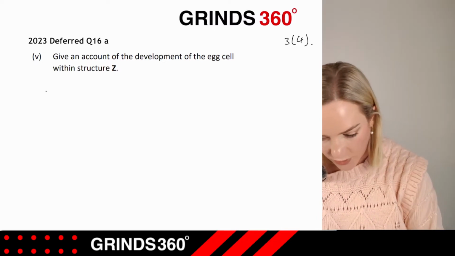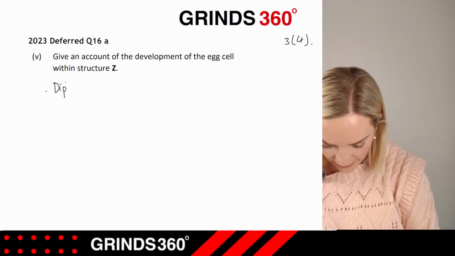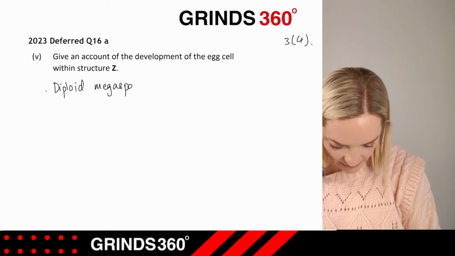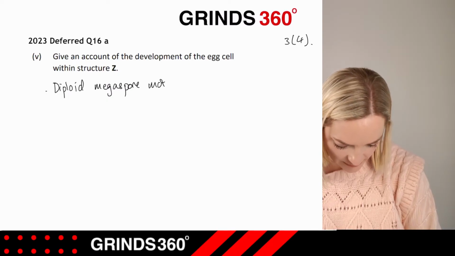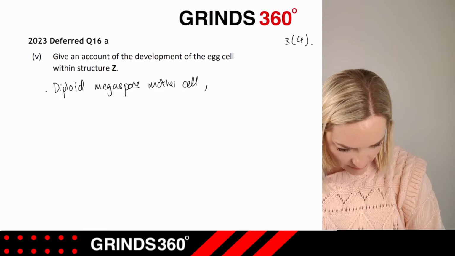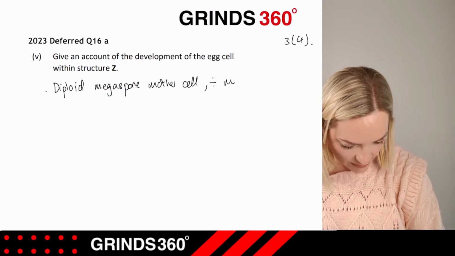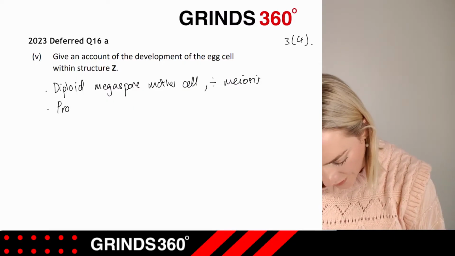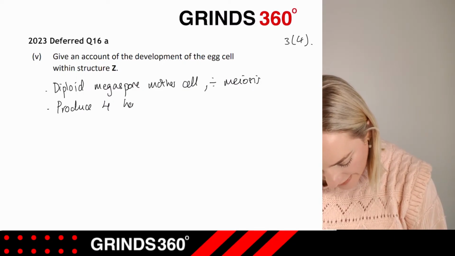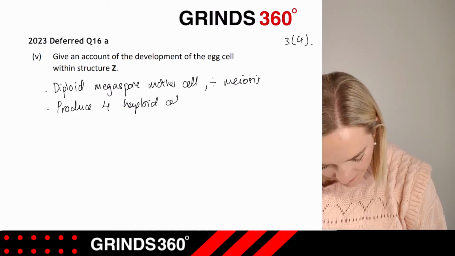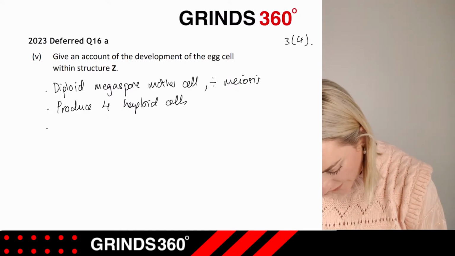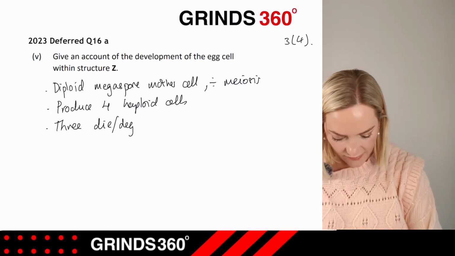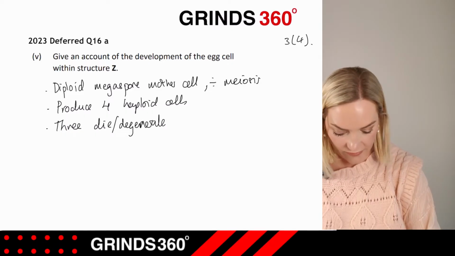So I'm going to do bullet points again. So I'm saying diploid megaspore mother cell divides by meiosis, and that will produce 4 haploid cells. 3 die, or you can say degenerate, whichever suits you.